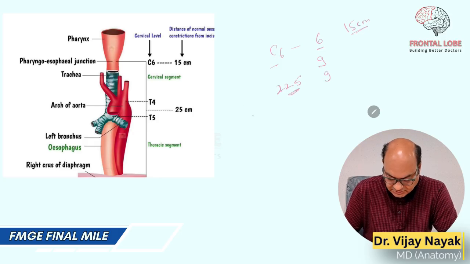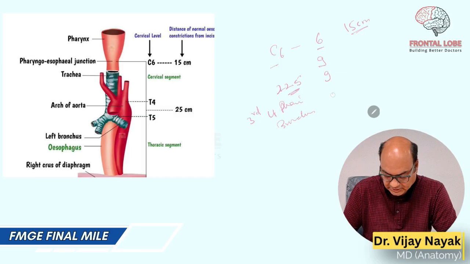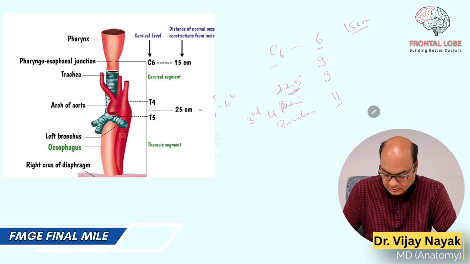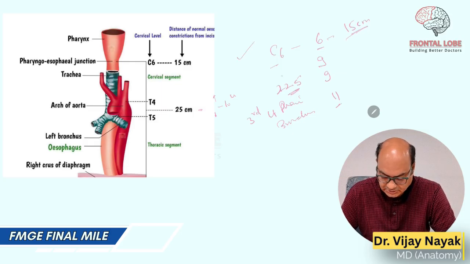The third constriction is at the level of the left main bronchus. It is 11 inches, or in this figure you can see 25 centimeters, or 10 inches, with 1 inch above and 1 inch below; there are 2 constrictions. So the first constriction is at 6 inches, 15 centimeters. The second constriction is at the level of T4, 9 inches, equal to 22.5.